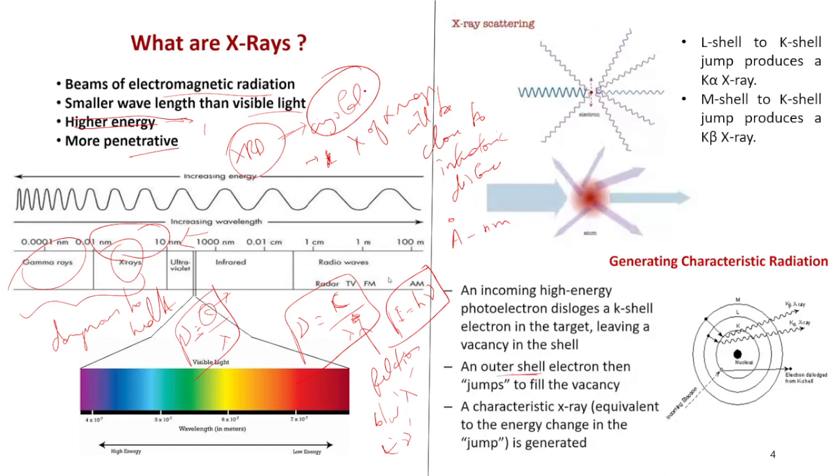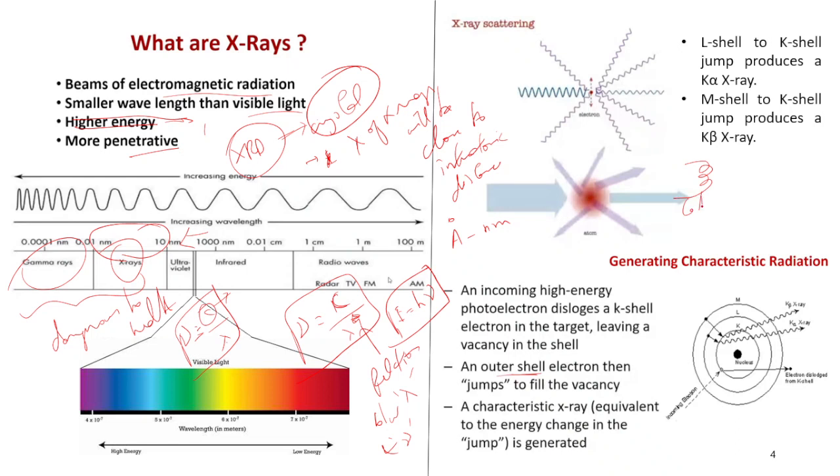Okay. Now coming to X-ray scattering. So what happens is incoming high energy electrons dislodge a K-shell electron in the target. We usually have a machine where you have the filament.